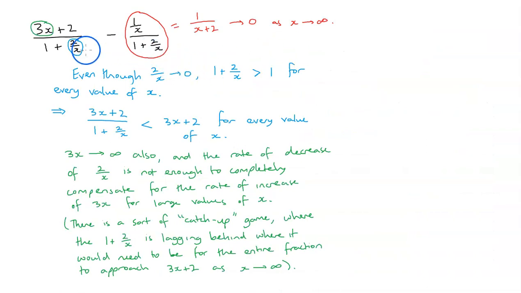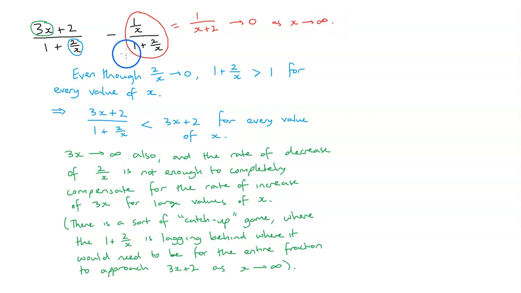Alright, so first of all, and we already kind of noted this, the whole 3x plus 2 minus 1 over x divided by 1 plus 2 over x can be split up into two parts here. And we observe that the 1 over x divided by 1 plus 2 over x is equal to 1 over x plus 2. That tends towards 0 as x tends to infinity.